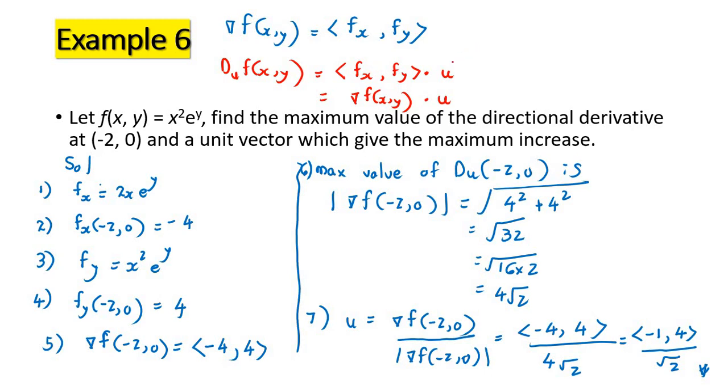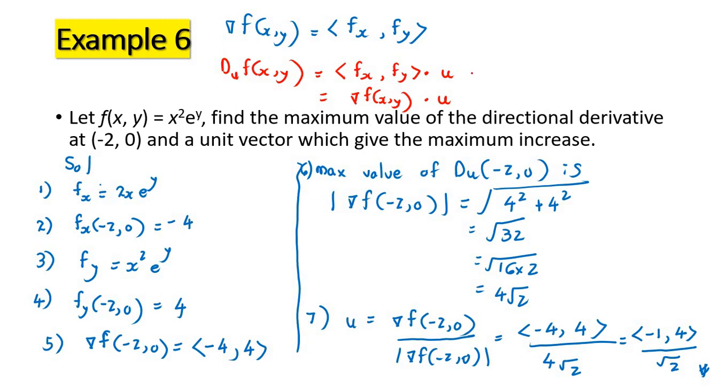In example 1, we directly give you the unit vector. In example 2, we give a vector A, so to make u become a unit vector, you divide vector A by its magnitude.